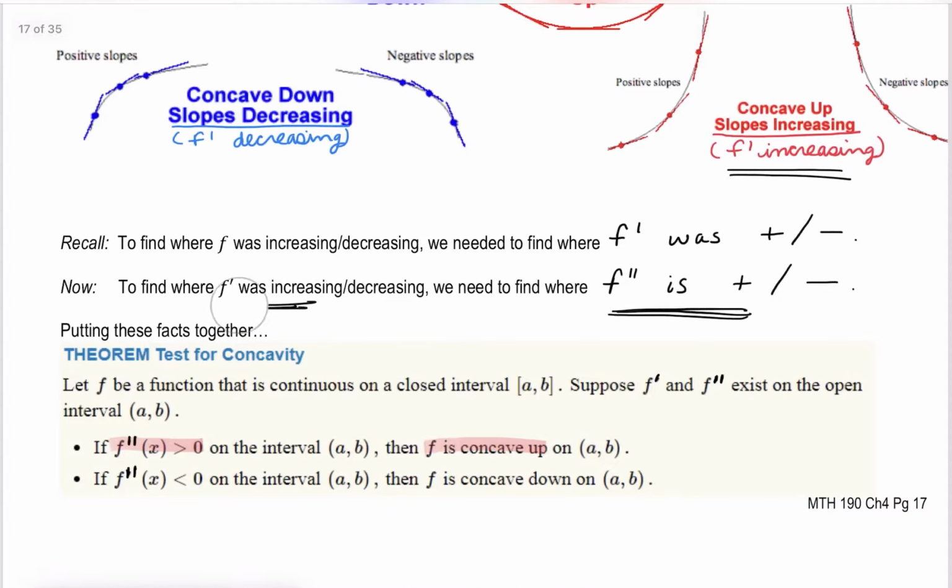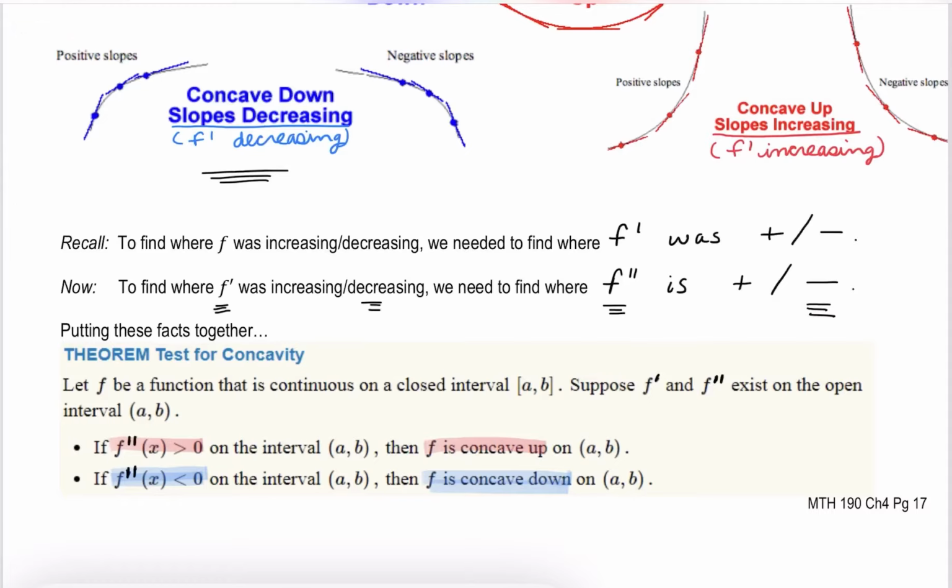So we're pulling all of this logic together, so we have this nice test that we can do for concavity. The second part then, where my second derivative is negative, that's going to be where f prime is decreasing. And if f prime is decreasing, that is our definition for concave down. So if the second derivative is negative, then the original function is concave down.